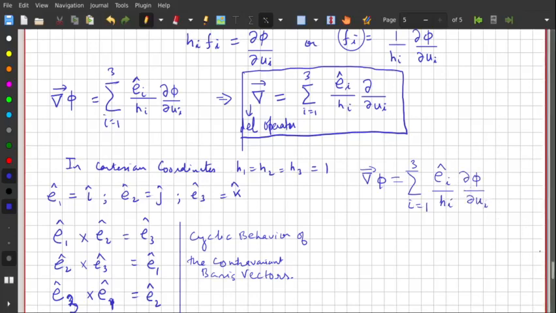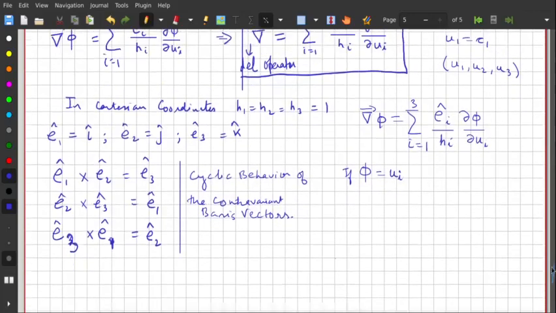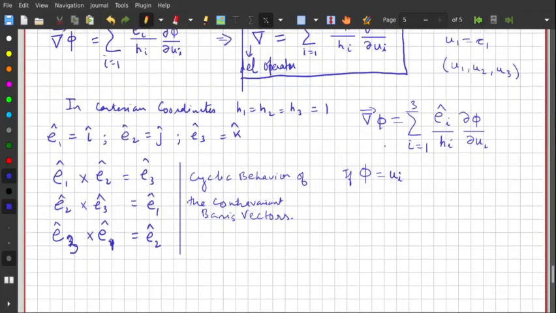Let's use this important identity that we developed, and using this let's try to find out what happens if phi is the ith curvilinear coordinate. Remember this ith curvilinear coordinate, like we had u1, u2, u3 in 3 space, and we were thinking about u1 equals c1, the surface in that 3-dimensional space. So if phi equals u_i, what will this equation become?